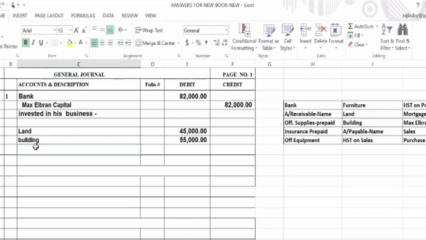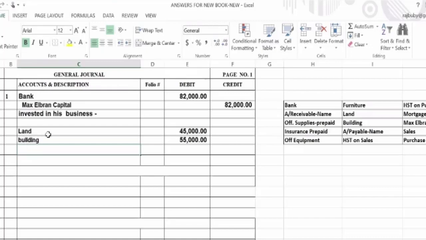You have the list of accounts. Bank, land, building, and mortgage payable, right?